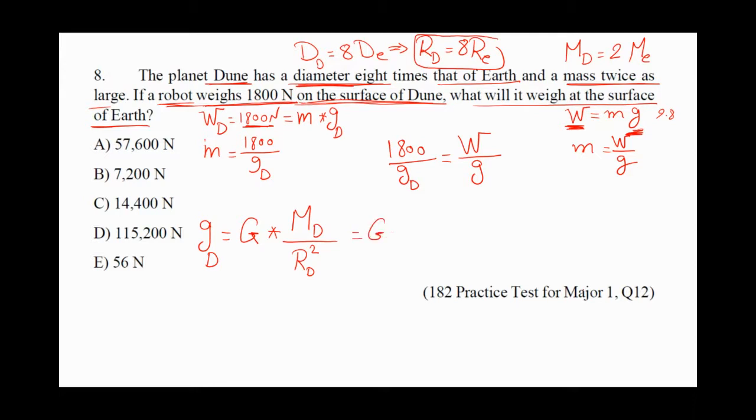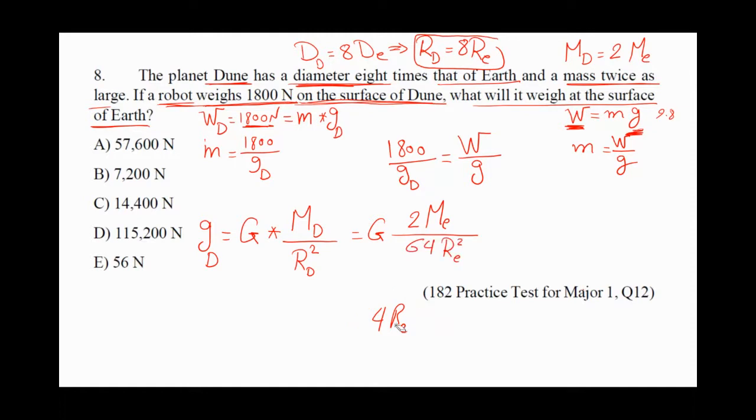We can rewrite it: the mass of Dawn is twice the mass of Earth, and the radius of Dawn is 8 times the radius of Earth. But take care that it's totally squared. If you square it, it equals 64 times RE squared.